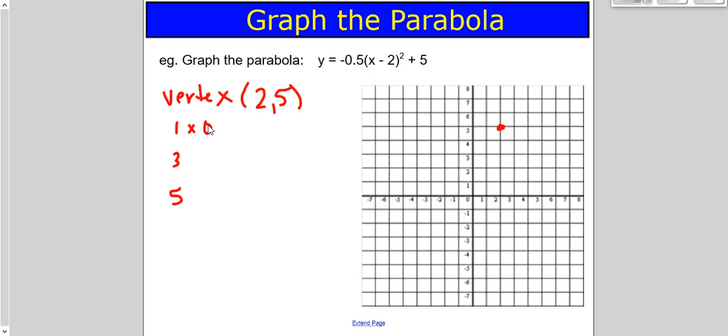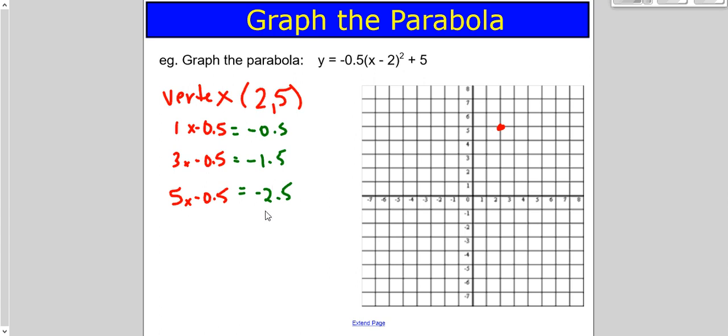So let's times that by a negative 0.5, and when we do, what we get is negative 0.5, negative 1.5, and negative 2.5. So basically we've halved all these numbers.